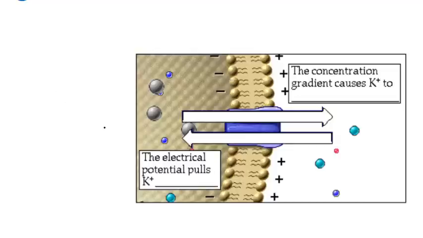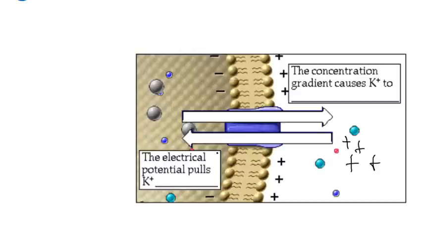Since opposite charges attract each other, the developing electrical potential begins to pull potassium back inside the cell, because the potassium gradient is now very high outside and very low inside. So again, based on the same rule, potassium will tend to flow inside the cell, and this process will continue to occur, right?